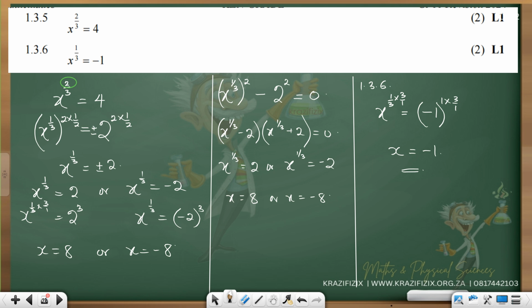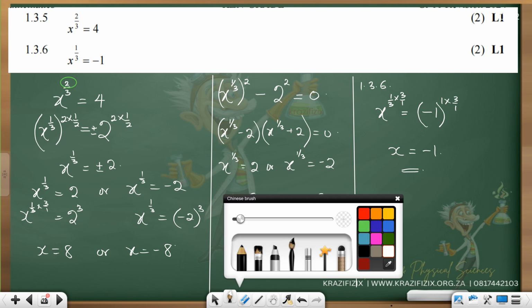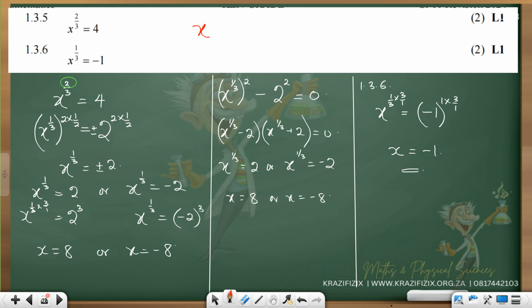Once I see a 2 on top, or even if it's a 4, because an examiner can give you something. Look, if I give you x to the power 4 over 3, that 4 there is a problem, because I could write this as x to the power 2 over 3, squared. Now you see where we're going. Once I have that 2 as a square, it is a difference of 2 squares.